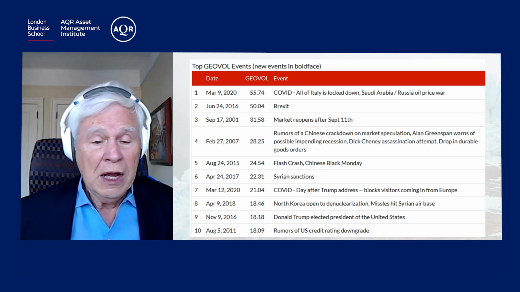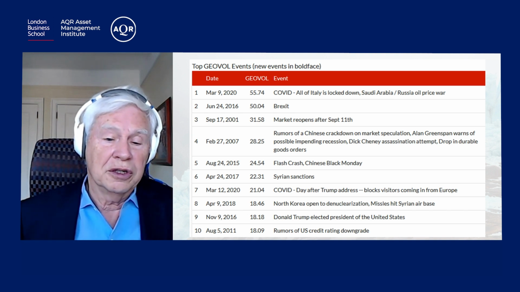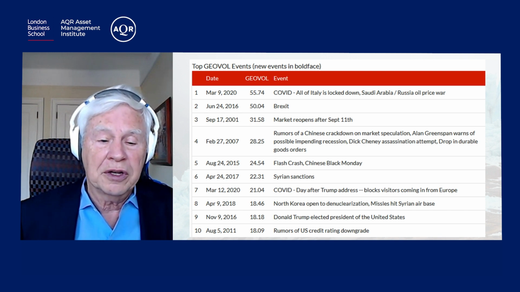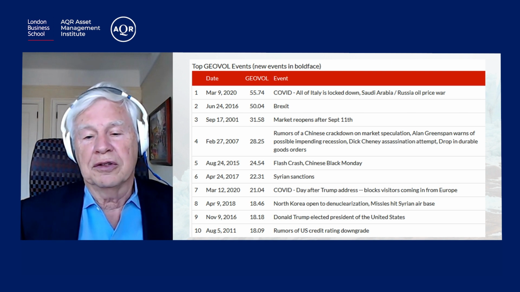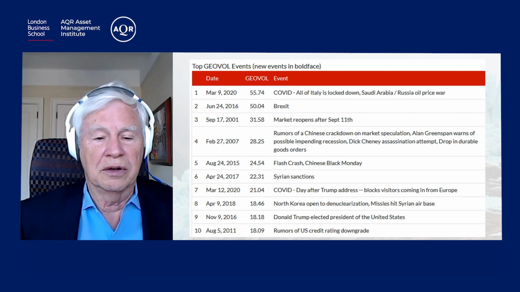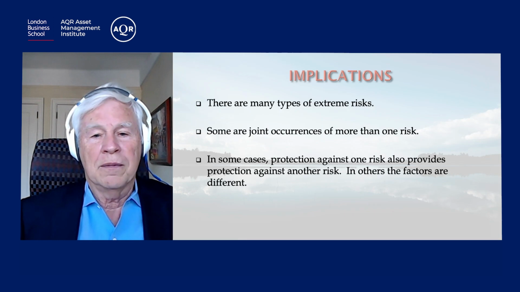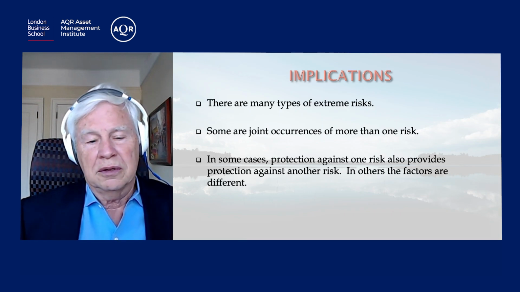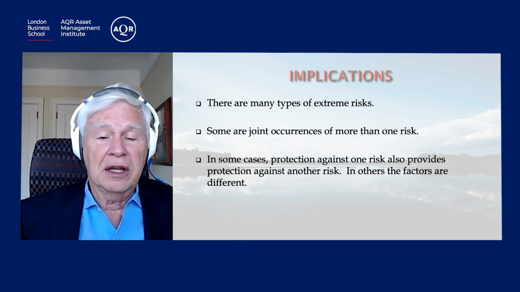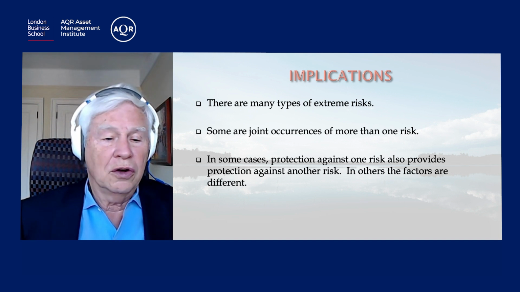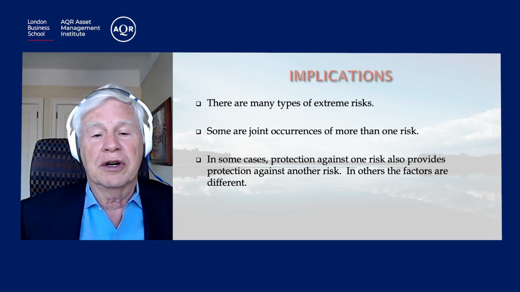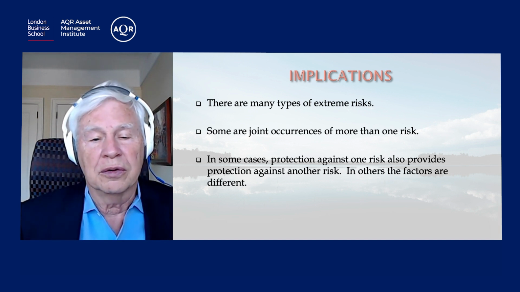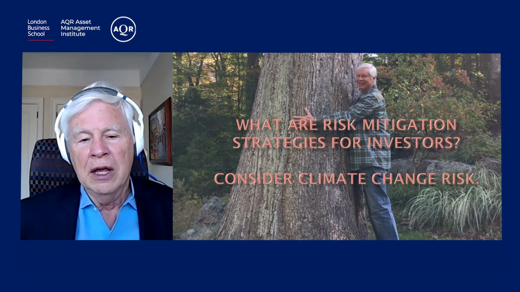And I think this is a notion that might be called compound risk, and it faces all kinds of risk analyses. So sometimes if you're protected against one risk, you also have protection against another one, but sometimes you don't. And so the joint occurrences are important to recognize.